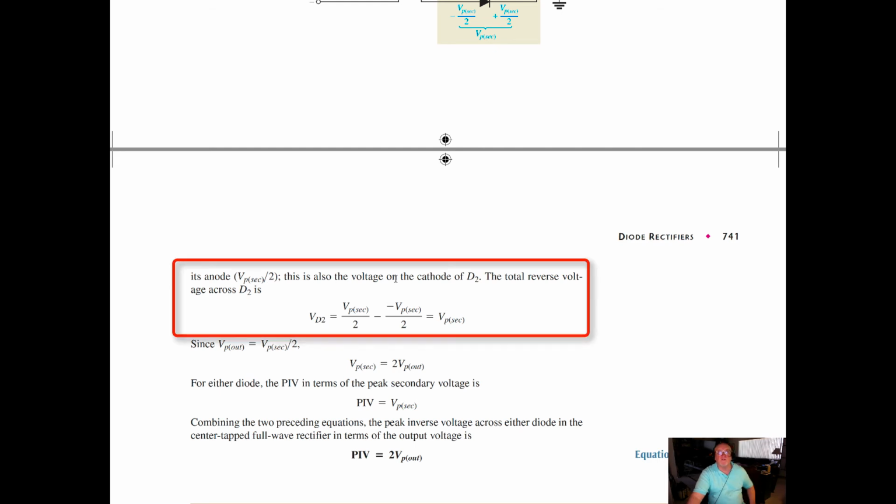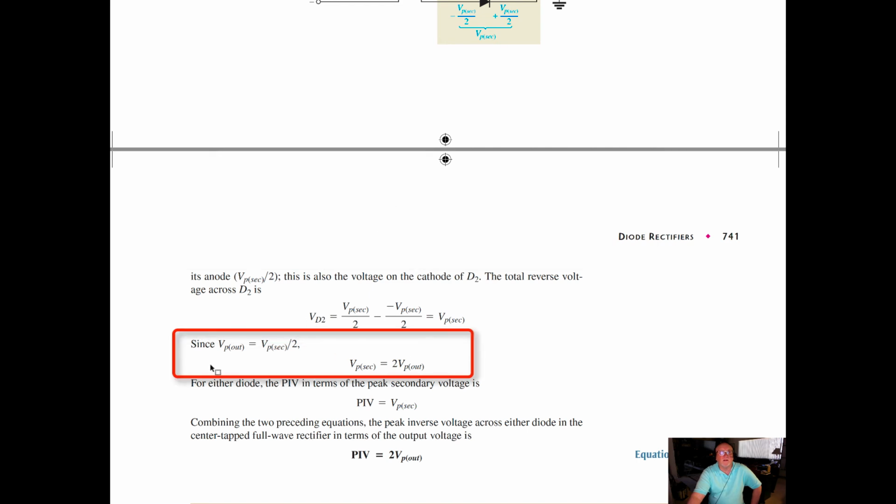This is also the voltage on the cathode of D2. The total reverse voltage across D2 is then VP secondary divided by 2 minus minus VP secondary divided by 2, which gives us VP secondary. Since VP out is equal to VP secondary divided by 2, then VP secondary equals 2 times VP out. We're just moving terms around.